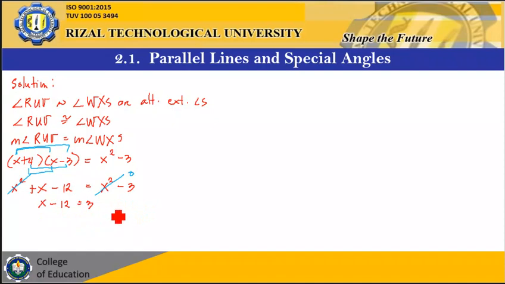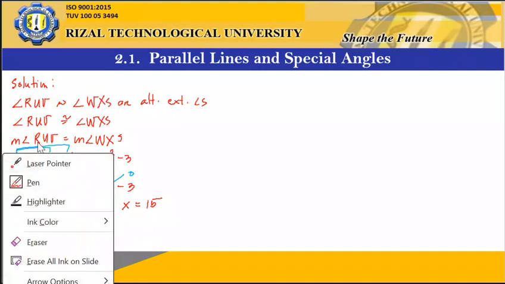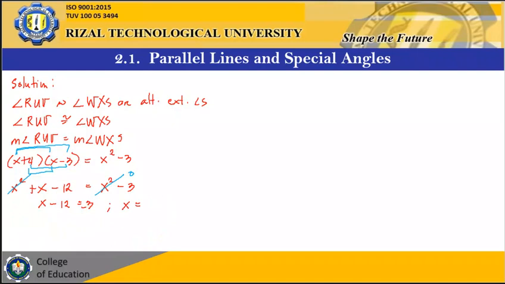And by addition, this implies that x is equal to 15. I'm sorry, it's not 15. This one should be negative 3 plus 12. So x is equal to 9. Okay. x is equal to 9.